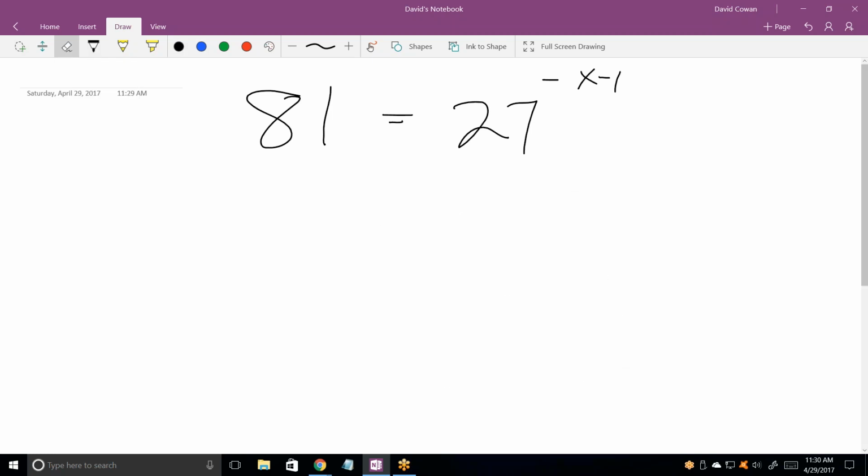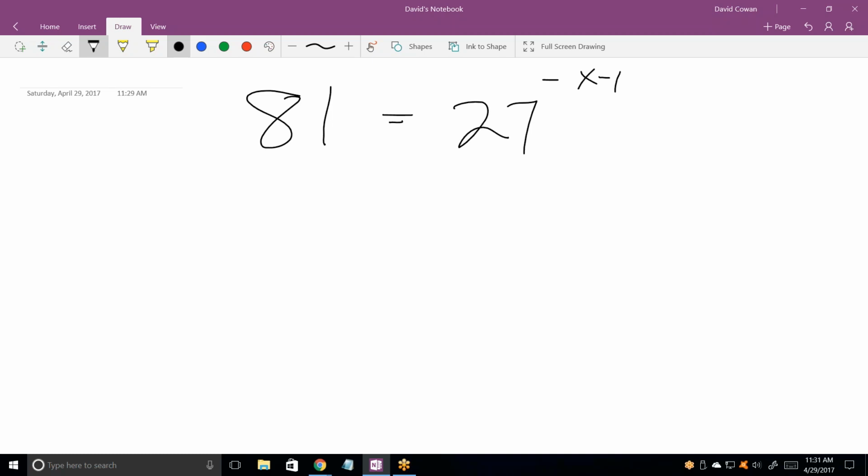Now, every now and then you run into an exponential equation where you don't have to use logs. If there is a common base between that number and that number, I don't have to use logs. Is there? 9. Not 9. I got to be able to write both of these numbers exponentially. When I said a common base, I meant a common exponential base, not a factor.